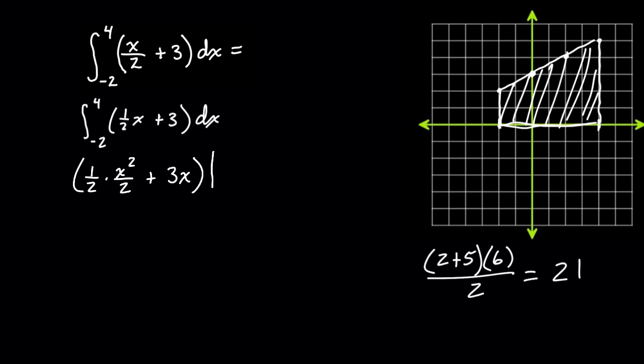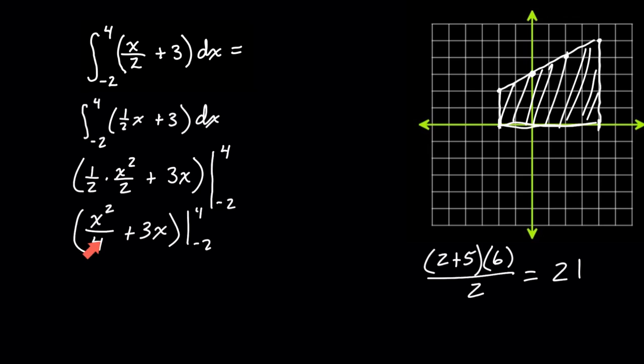And then we put a vertical bar, which means we are evaluating this between -2 and +4. All right, so just to simplify this a little bit, this would be x squared over 4 plus 3x between -2 and 4. Now, remember, these are your antiderivatives, or the antiderivative of this function right here.